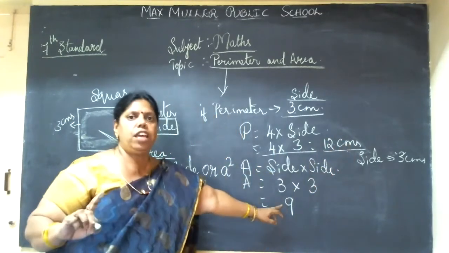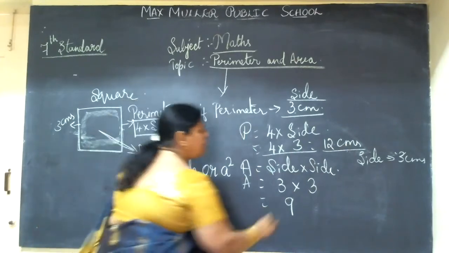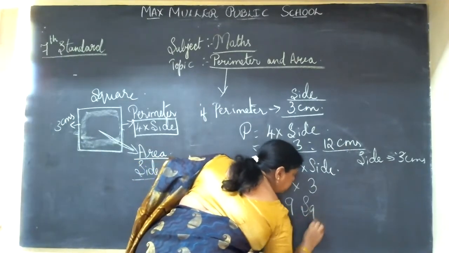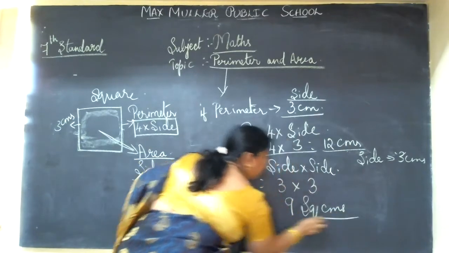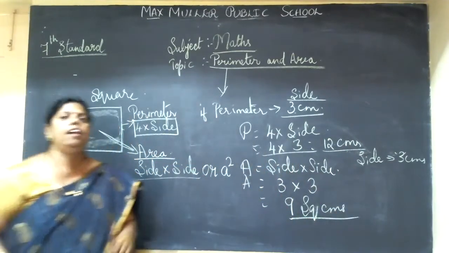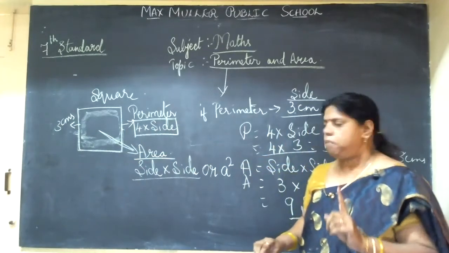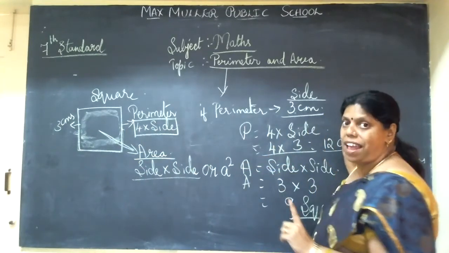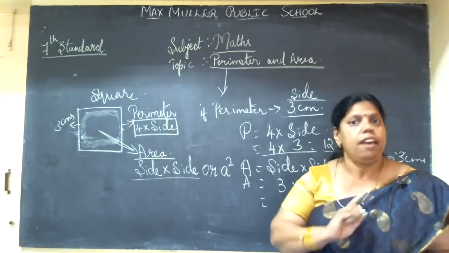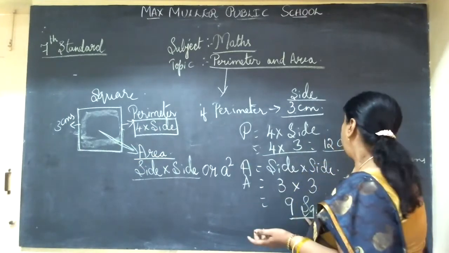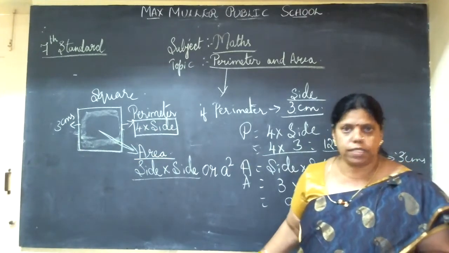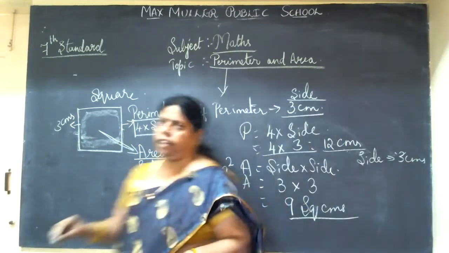Now the unit we have to write here is 9 square centimeters. Got it? 9 square centimeters. Don't miss it. The perimeter is 12 centimeters; there you don't get square at all. Here you get the side twice. Why is it like that?